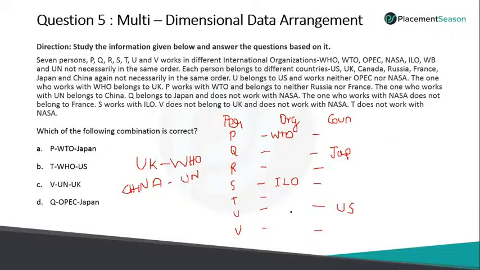U not NASA, Q does not work with NASA, R is nowhere given. T no NASA, U no NASA, V no NASA, Q no NASA. Then only the left-out place should be NASA, so we can fix NASA here.